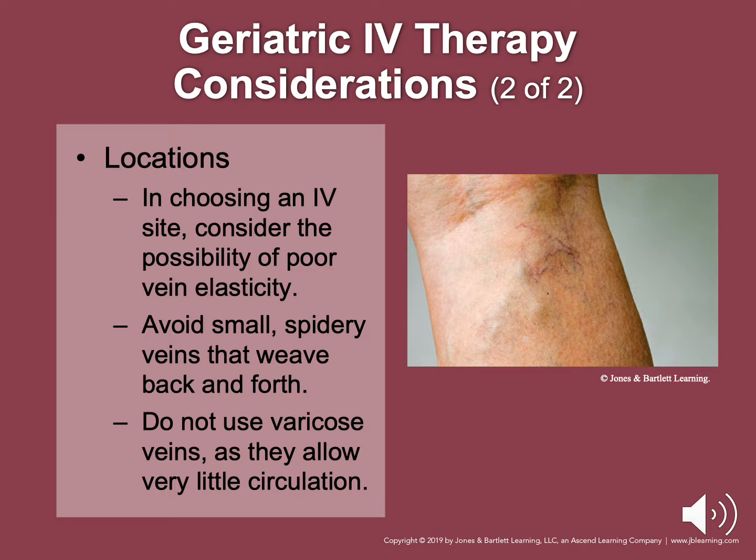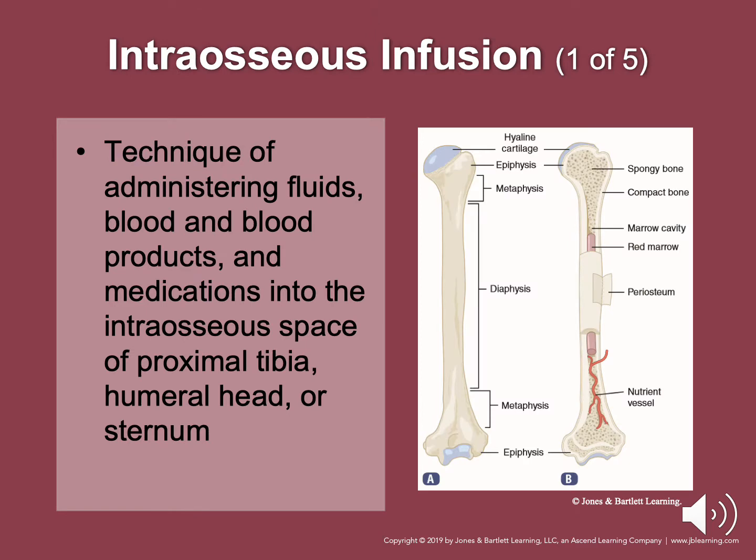All right, intraosseous infusion: techniques of administering fluids, blood and blood products, and medications into the intraosseous space of the proximal tibia, humeral head, or sternum. Long bones consist of the shaft, the ends or growth plate, and spongy bone in the medullary cavity of the diaphysis.